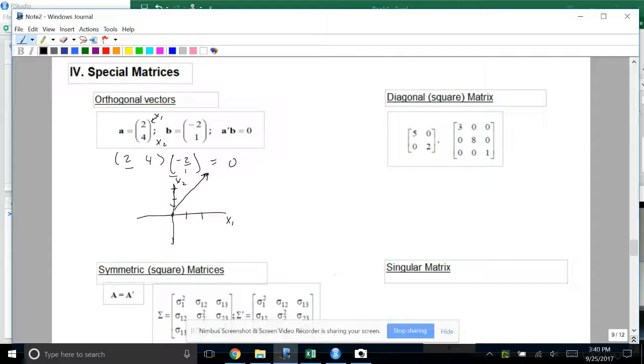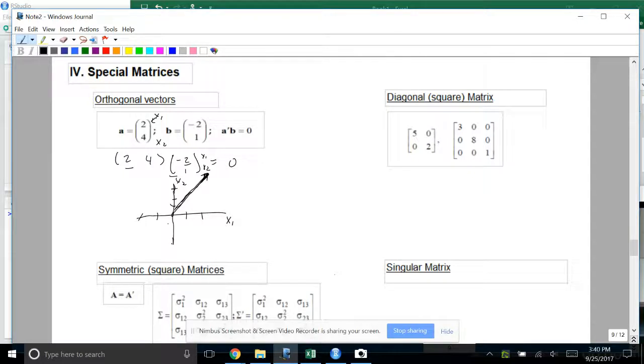So a vector is a direction and a magnitude. The magnitude is the length of this line, and the direction is a slope of 2 coming out of the origin. All right, so if we look at this second one, we have x1 is negative 2, x2 is 1.